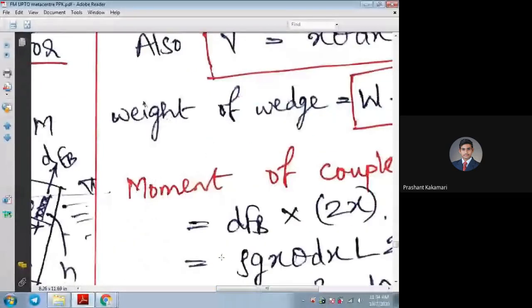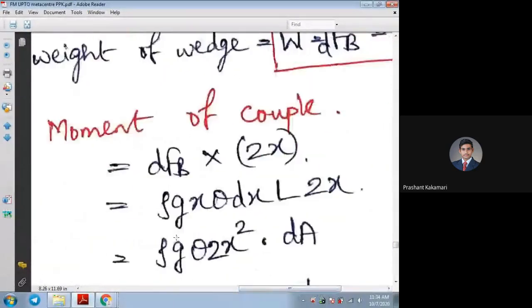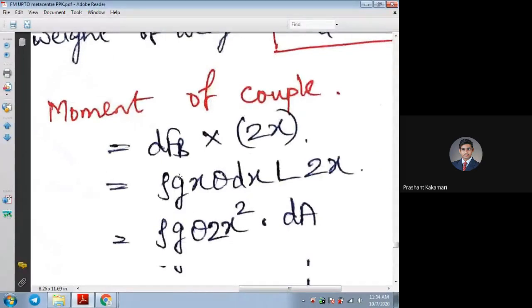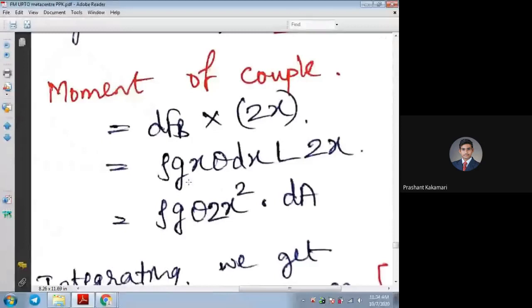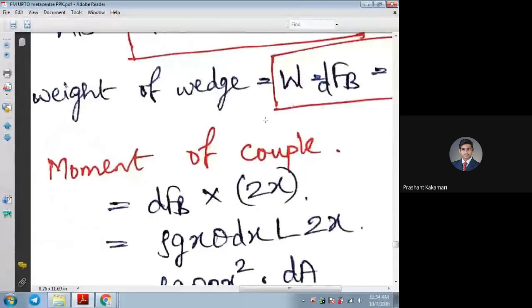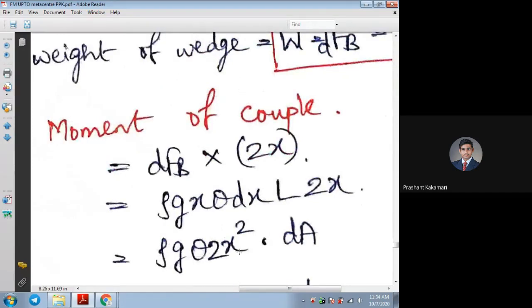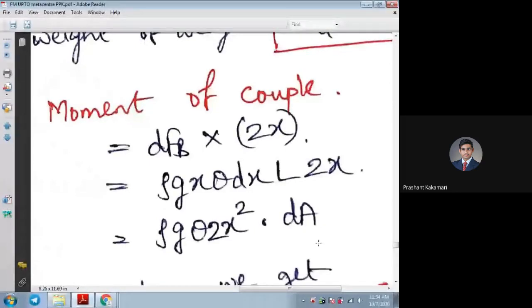Now we need to find the moment. As I told, it can be written as 2 times x into dFB. DFB is the weight of the body itself. Weight is rho g V, so rho g V is x theta dx into L. So in this, I can write 2x square directly. dx into L is the top area, so you can write dA, small area at the top.